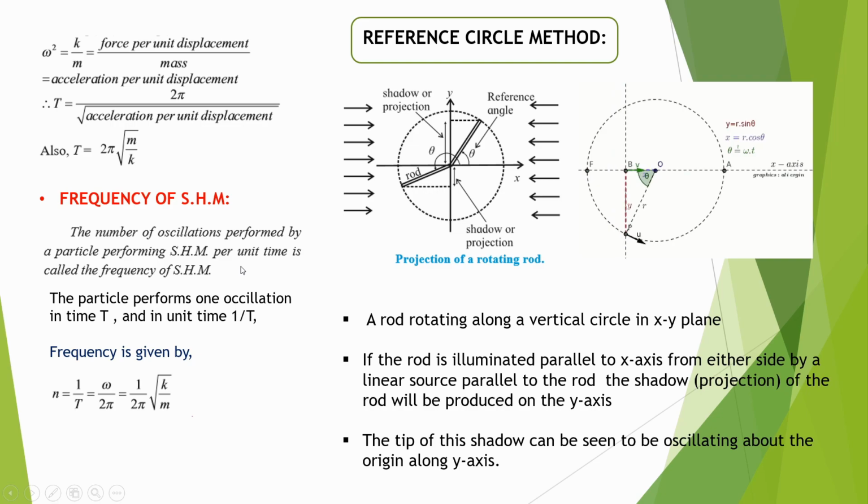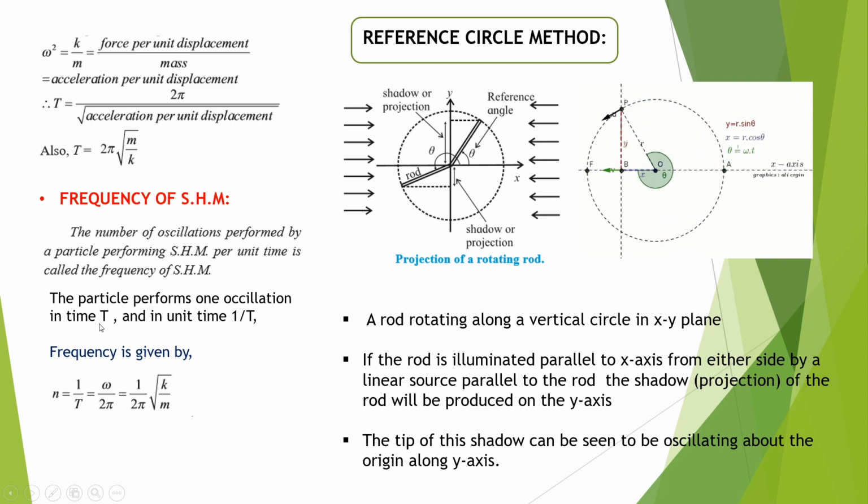Now, in one oscillation the time is T. So in unit time we take 1 upon T, and that 1 upon T is called the frequency of SHM.